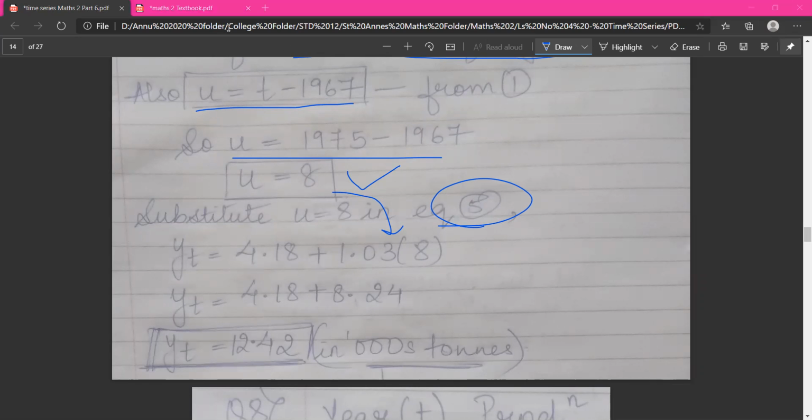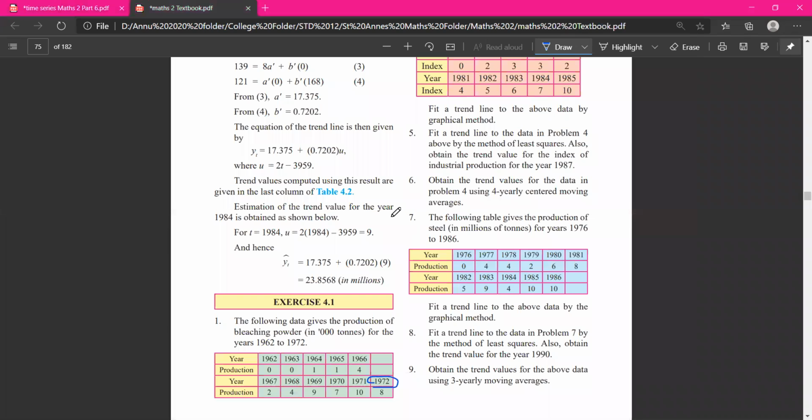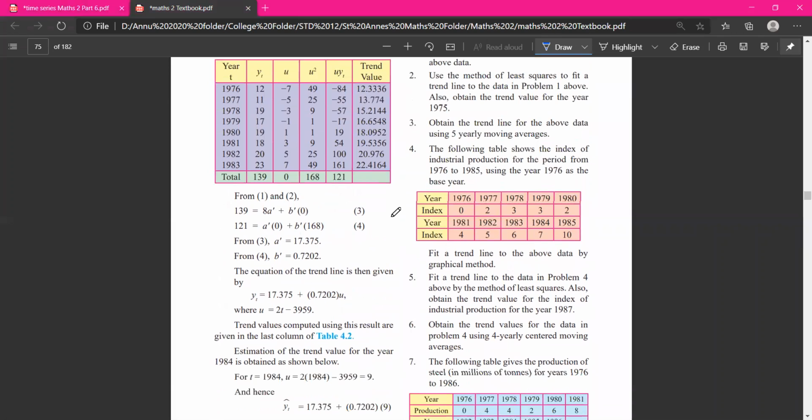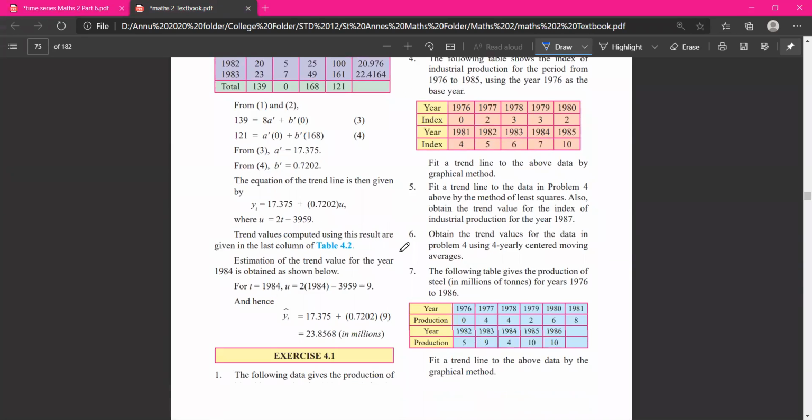So with this class, the first sum of today's method is finally over. I understand it is a little bit lengthy, but easy. If you pay attention, you can easily do it. All right? No issues class.